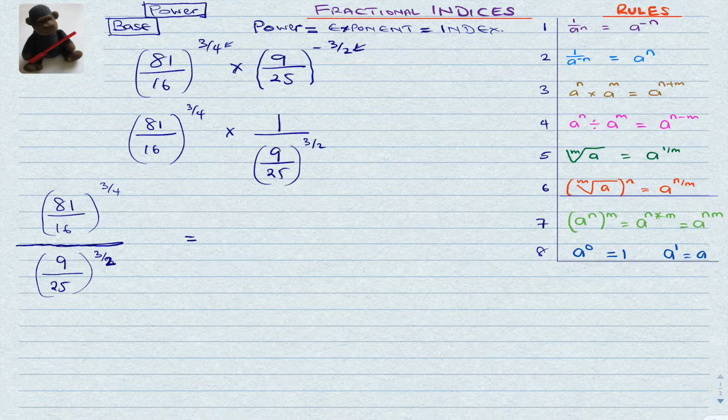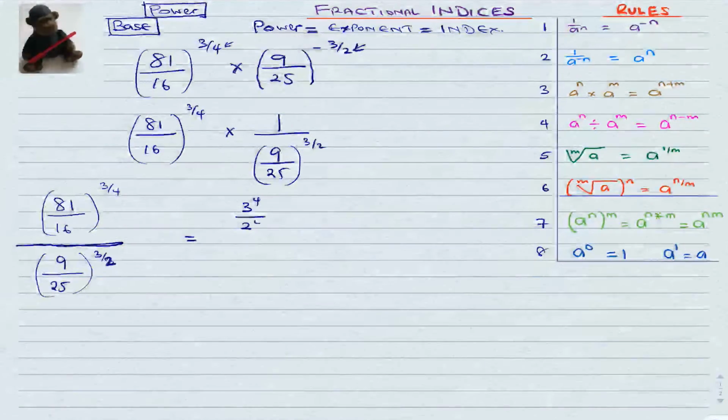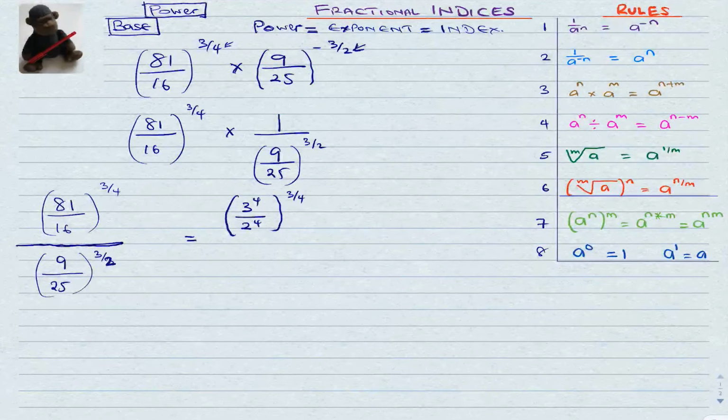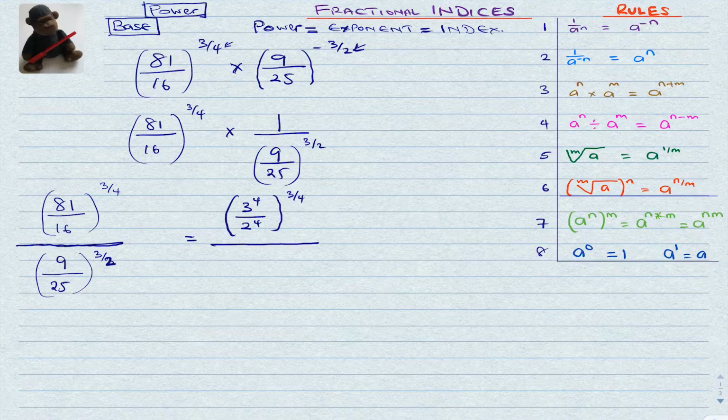Now the 4 tells us that 81 as a number can be multiplied 4 times to get 81. So I'm thinking it's 3. So that will be 3 to the power 4, and 16 will be 2 to the power 4. So watch out for that, because that's the clue to the question. So that will be 3 over 2 to the power of 3/4 divided by 9 over 25.